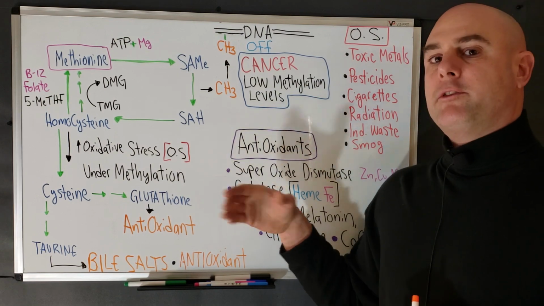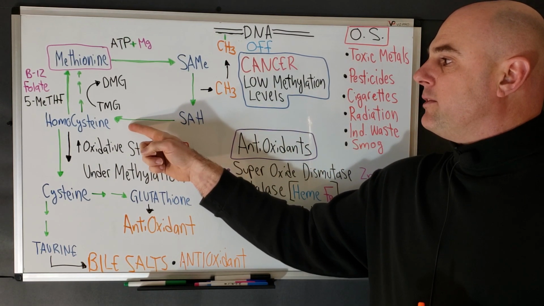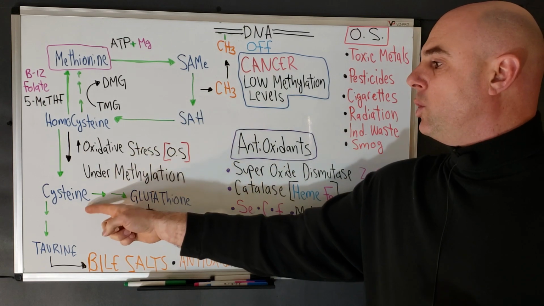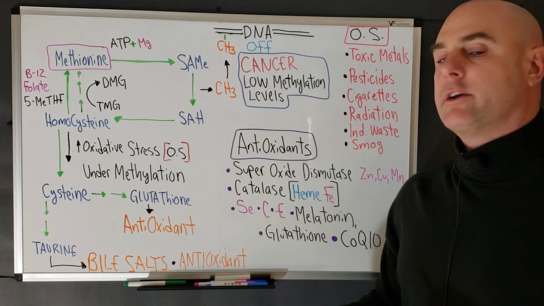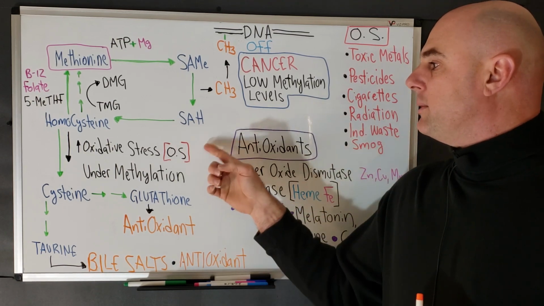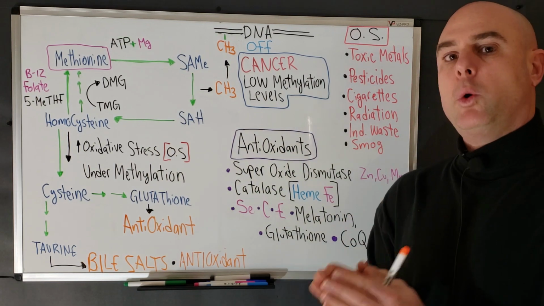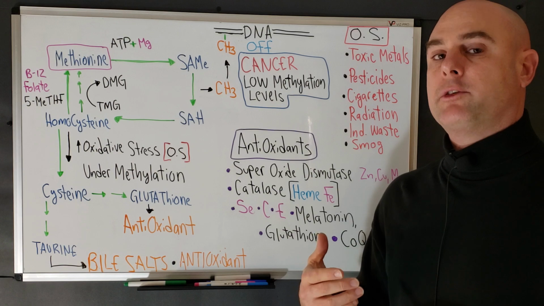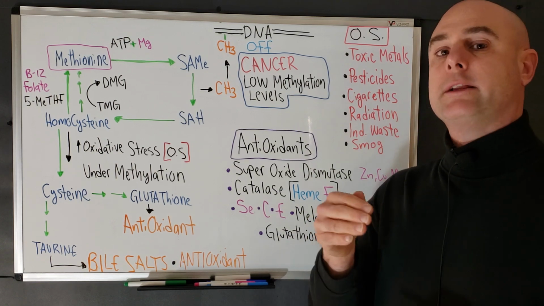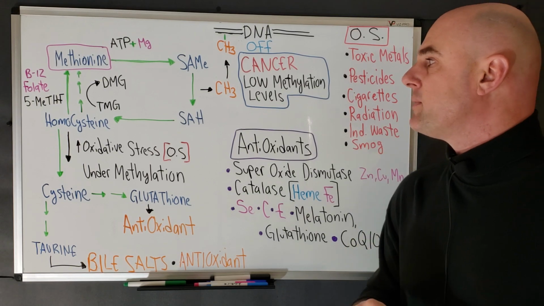Now, when we suffer from high oxidative stress, it is likely to drive this homocysteine toward the creation of cysteine, so we can create these antioxidants to clear the free radical buildup from oxidative stress. So if you are suffering from high oxidative stress, you are also suffering from undermethylation, or very likely to be suffering from a condition of undermethylation.